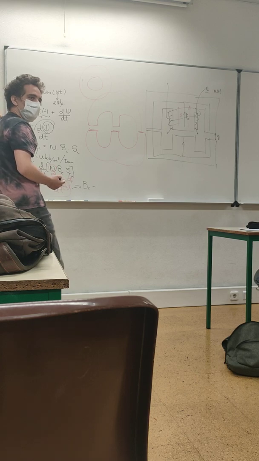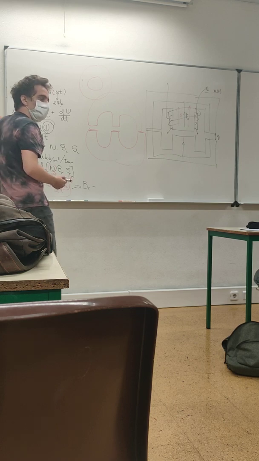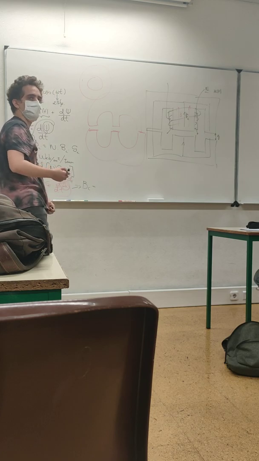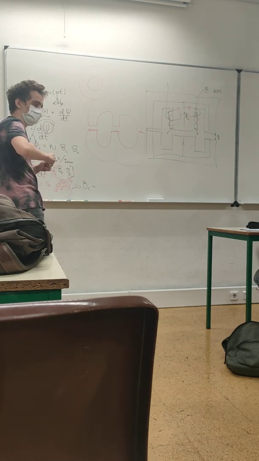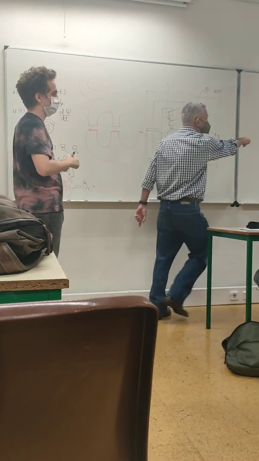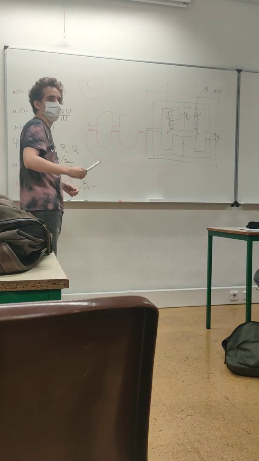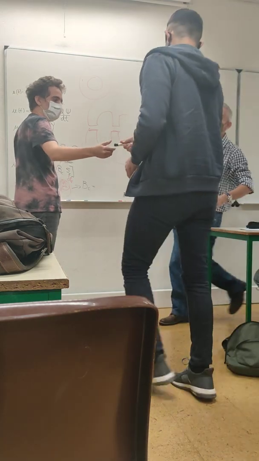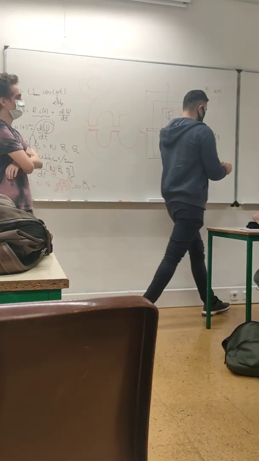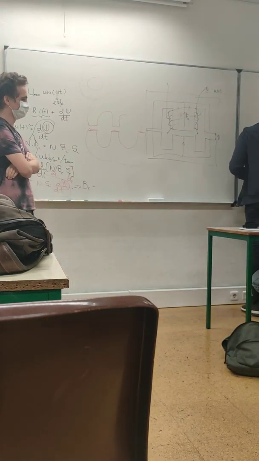Help him, guys. I think you have to just look at the hysteresis losses that you have in the core. Come here. Draw the magnetization curve here and show to us the magnetic material.